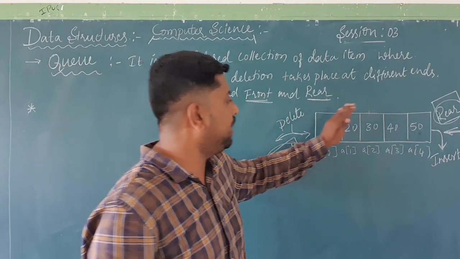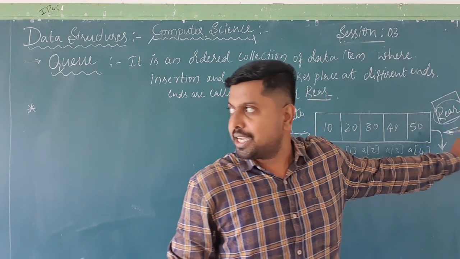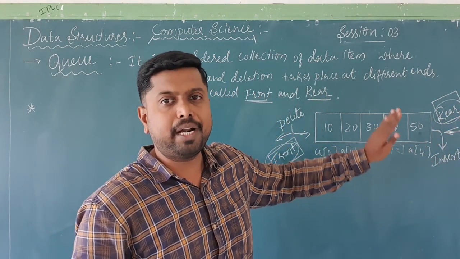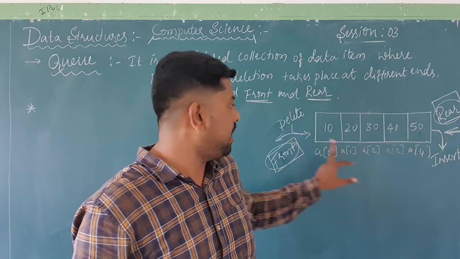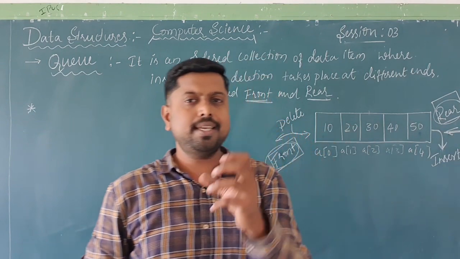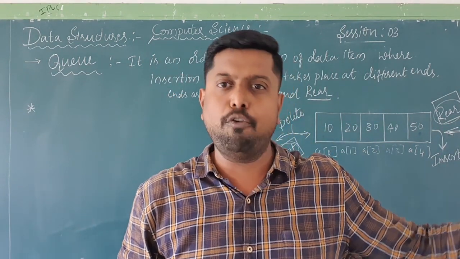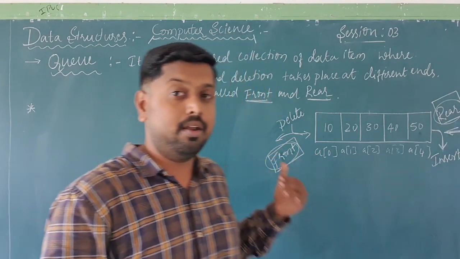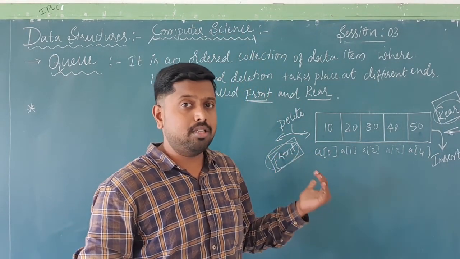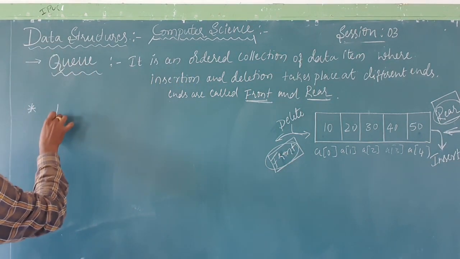After deleting 10, we have a chance to add one more element. That is what we call the front end. Deleting at the front end, inserting at the rear end. Then what is the mechanism? A stack follows LIFO, last in first out. Then what is the technology behind the queue? Queue is FIFO, remember.